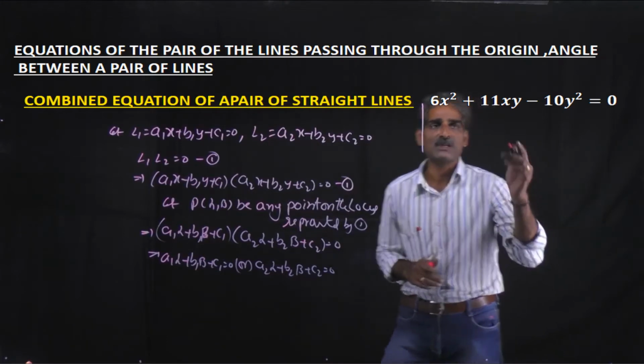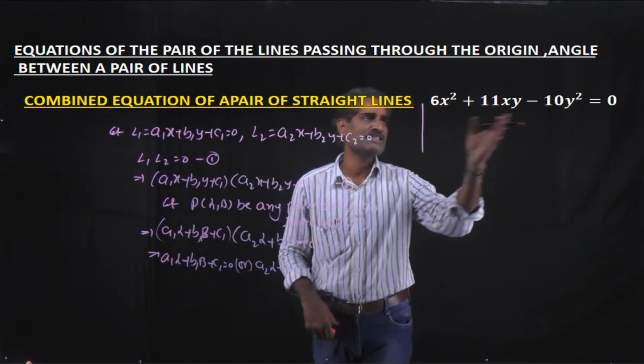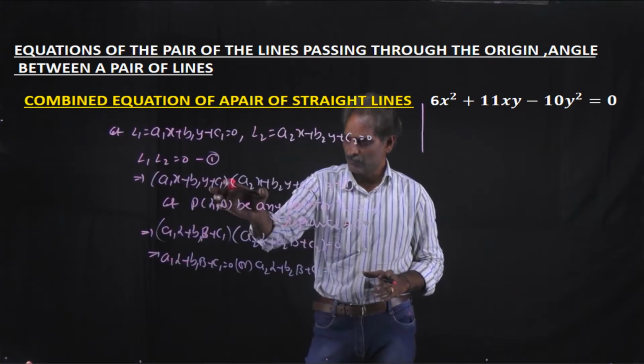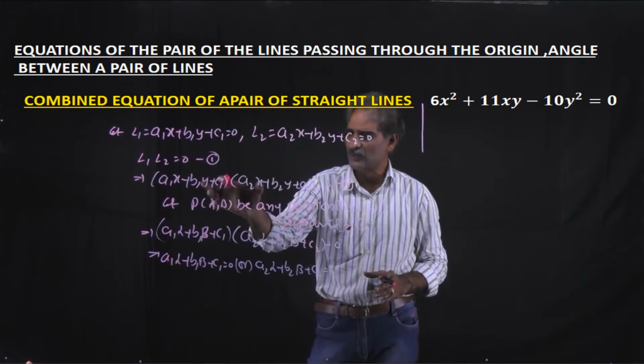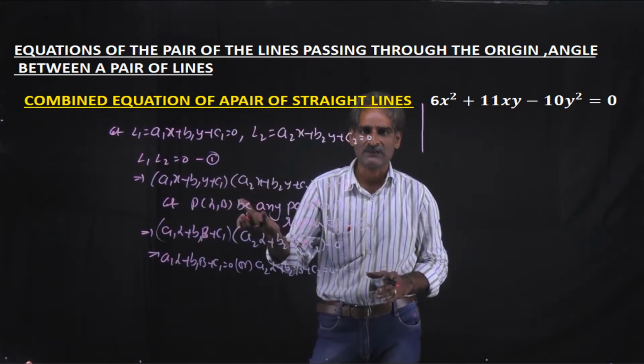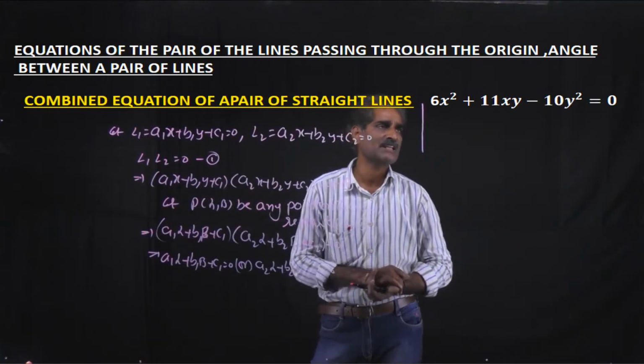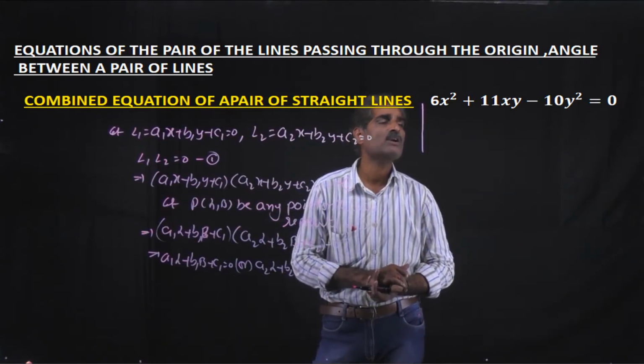Suppose this is an equation, a second degree equation. With this product we get a second degree equation in x and y. So what are the factors?